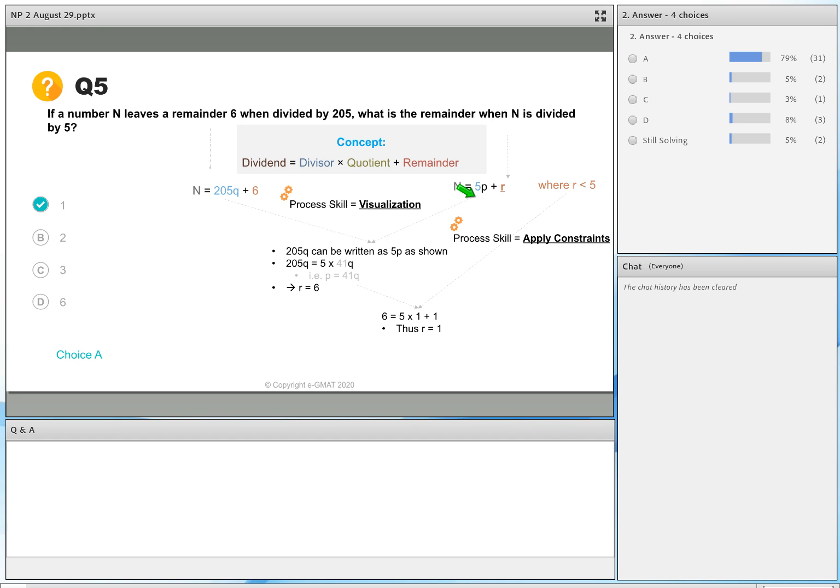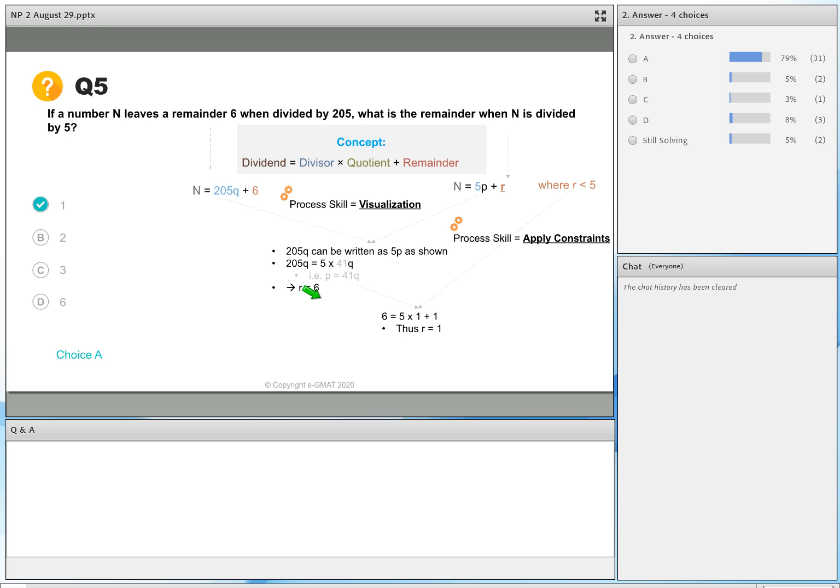It's just like I extracted 4 from 204. I can always break 205 down as 5 times 41Q. So this 41Q becomes my P. So that way I'm going to get N is equal to 5P plus 6. So 6 is the remainder.